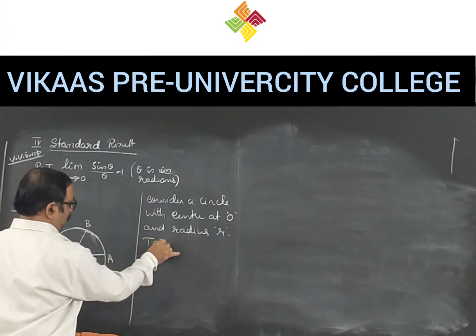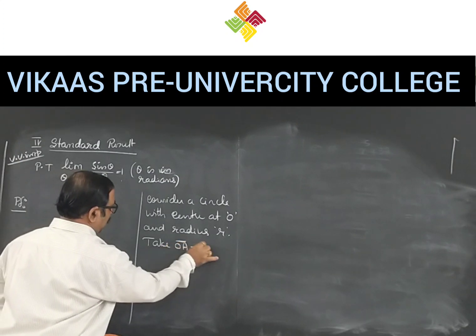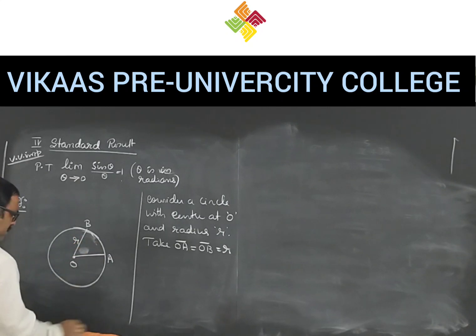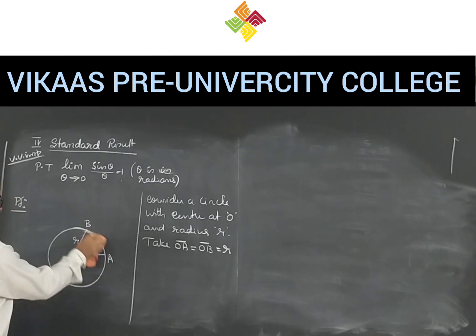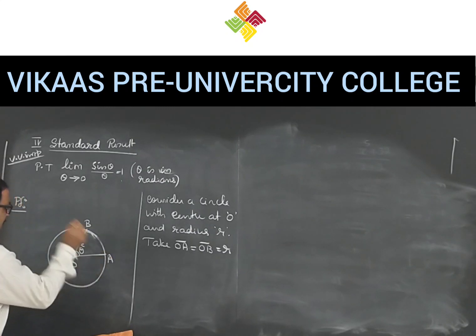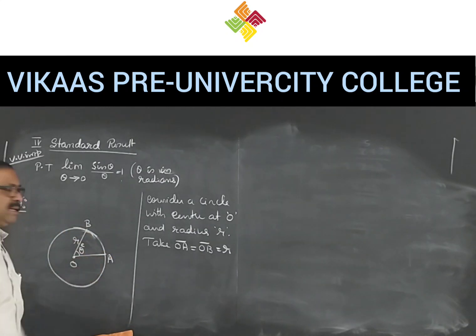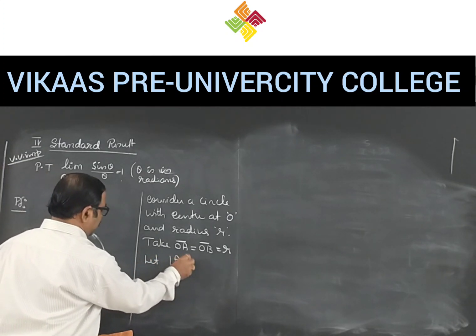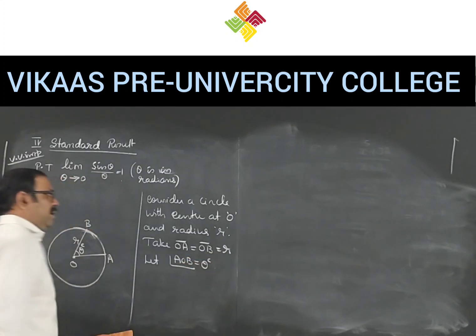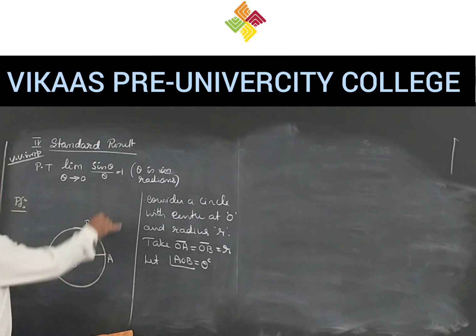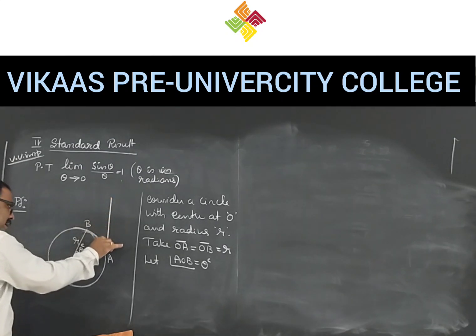Take OA equal to OB equal to R. See, this is R. OA equal to OB equal to R. And take this angle as theta radian. Now, let angle AOB equal to theta radian. Angle AOB is equal to theta radian. Now, you consider a tangent.